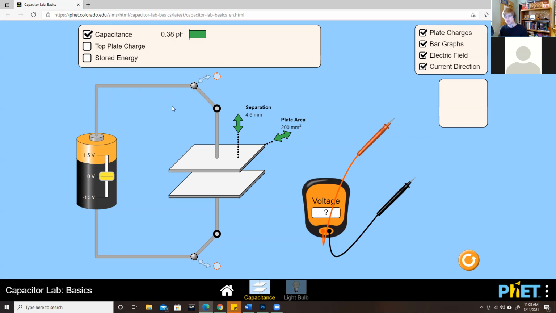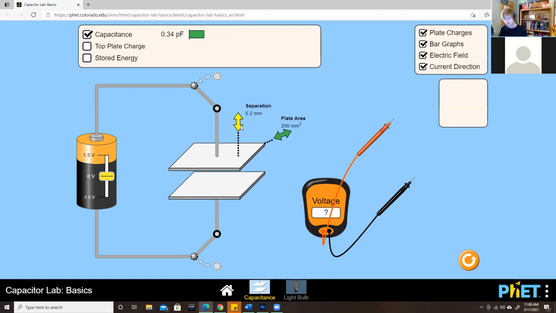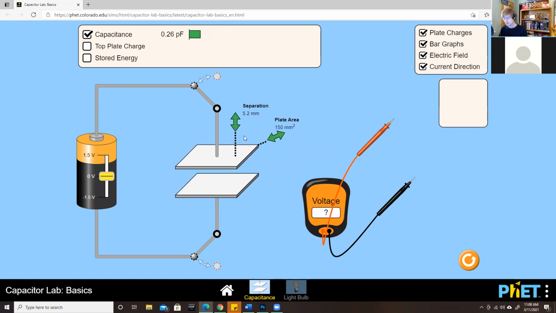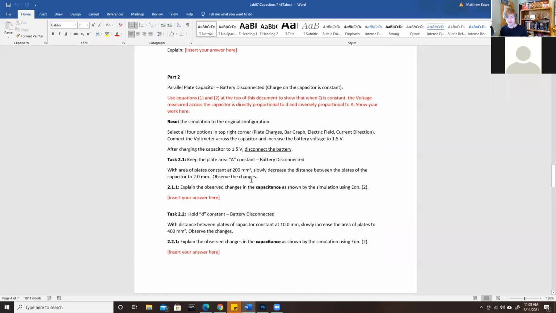And then once this is charged at the point the instructions say to, later on, you're going to be manipulating the distance, and you're also going to be manipulating the size of the plates and seeing how the charge reacts, how the current in the wire reacts. Okay, the second part will be disconnecting this charged capacitor.